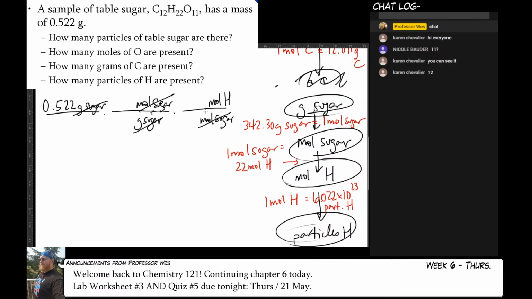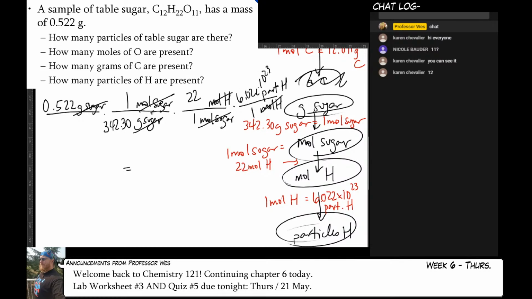I forgot to do that. And then finally, moles of H. Ran out of space. And there we go. So 342.30. 1 mole of sugar is 22 moles of hydrogen, and in 1 mole of sugar is Avogadro's number of particles.